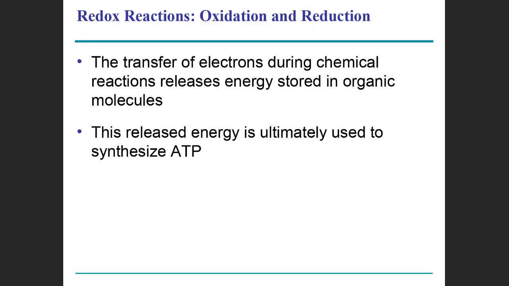So the transfer of electrons during chemical reactions releases energy stored in those organic molecules. This released energy is ultimately going to be used to make ATP. As we'll see, it is all about those electrons.